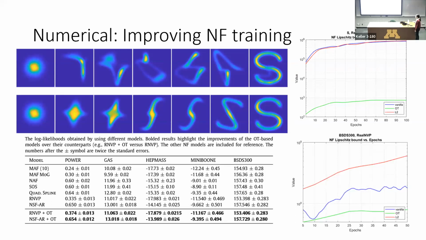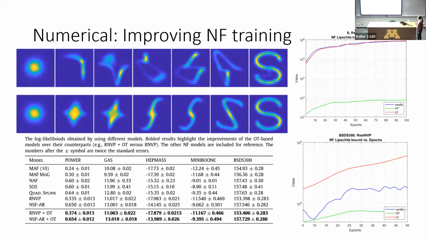And here we compare our model with normalizing flow models on the generative task. This is tabular data, and all these methods do not have the dynamic cost in their objective. We train two types of normalizing flow.